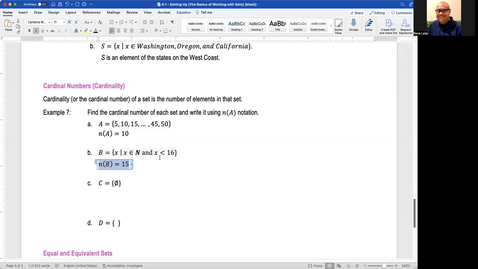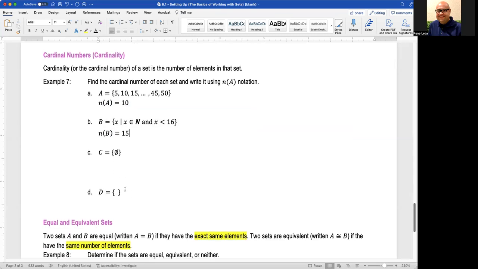It's the set of counting numbers, and x is less than 16. So that's 1, 2, 3, 4, 5, 6, 7, 8, 9, 10, 11, 12, 13, 14, 15. It's just 15 numbers. Now, this might be a little bit confusing, but again, remember, your cardinality is the number of elements in that set. So here's the set, C, and there's only one.